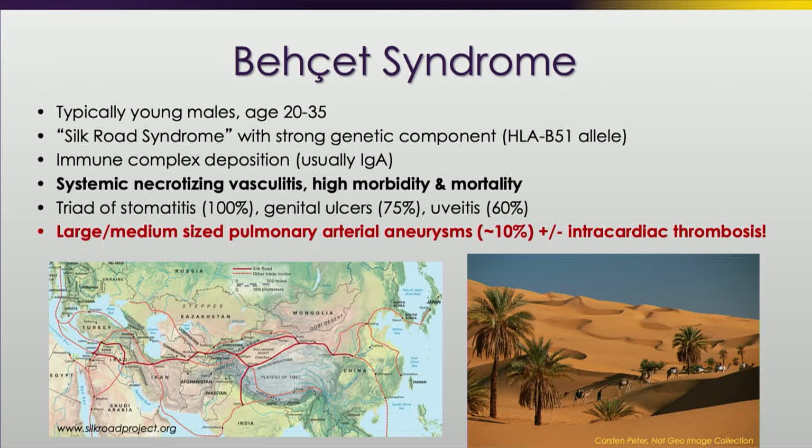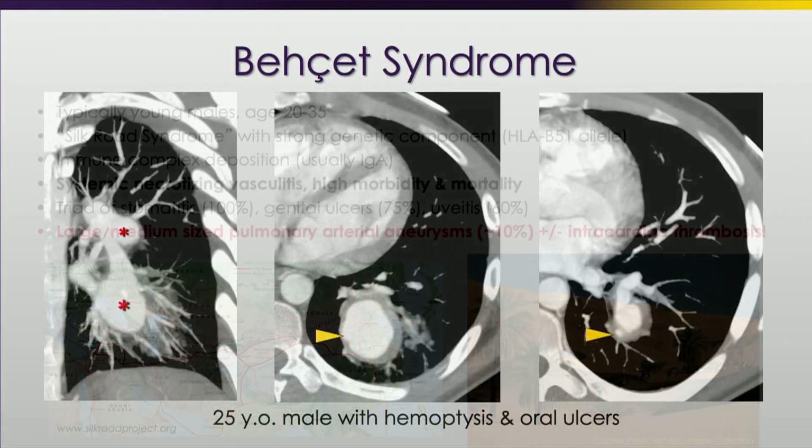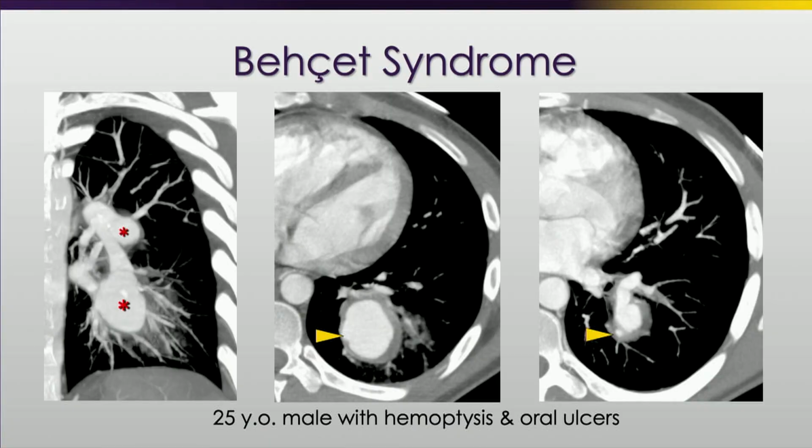We bring Behçet's into our discussion here because it may also, again, in a minority of patients, impact the large and medium-sized pulmonary arteries with aneurysmal dilatation, as well as, in some cases, intracardiac thrombosis. So this was a young adult male who came into an emergency room with hemoptysis, and they observed oral ulcers.